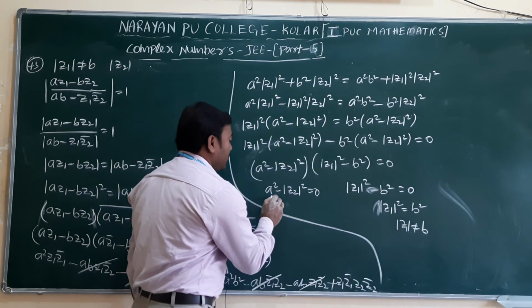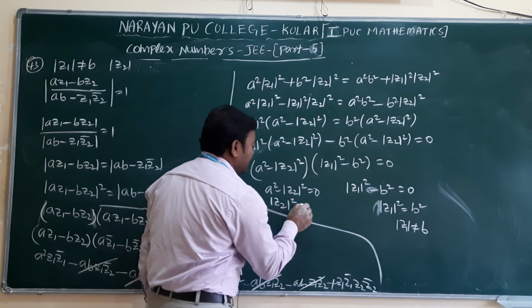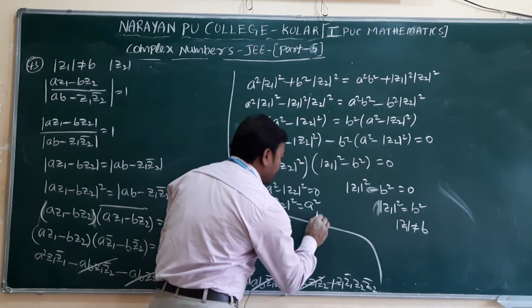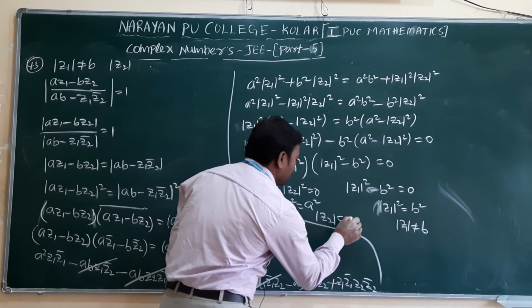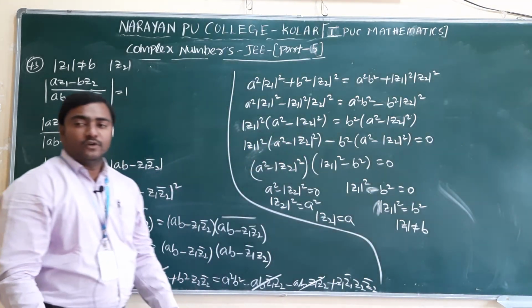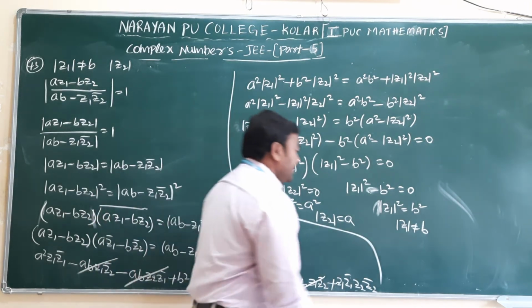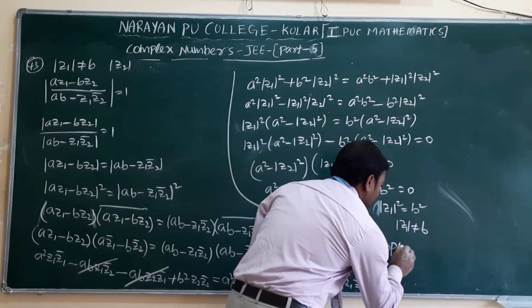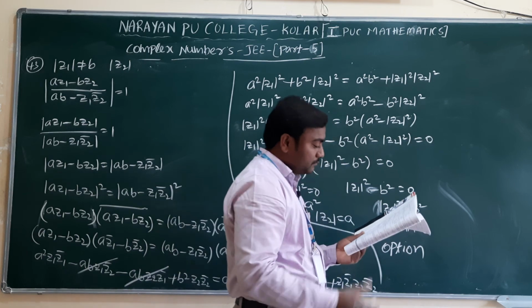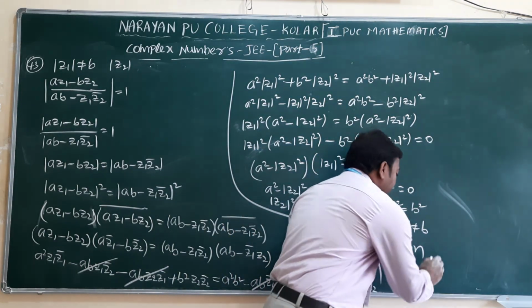So modulus of z2 squared is equal to a squared, so modulus of z2 is equal to a. The required value, the value of modulus of z2, is only a. Therefore, option B is the correct option.